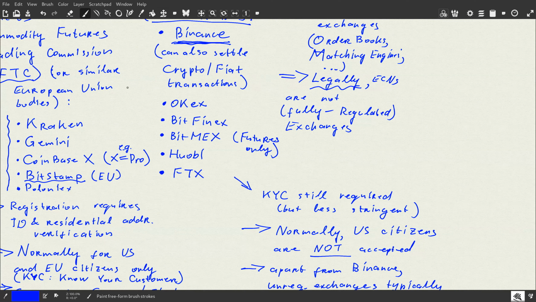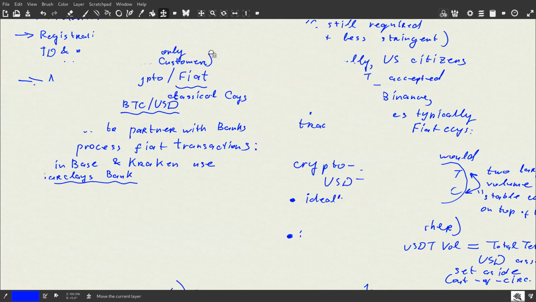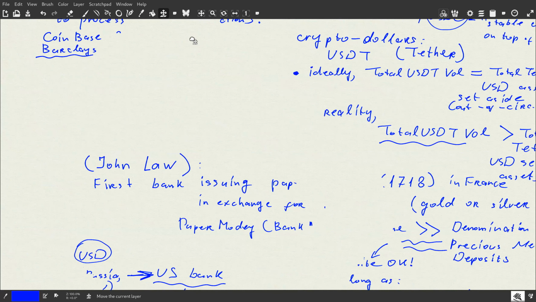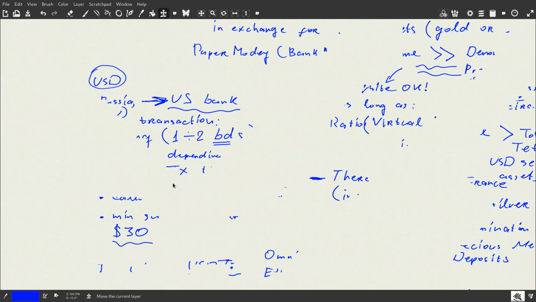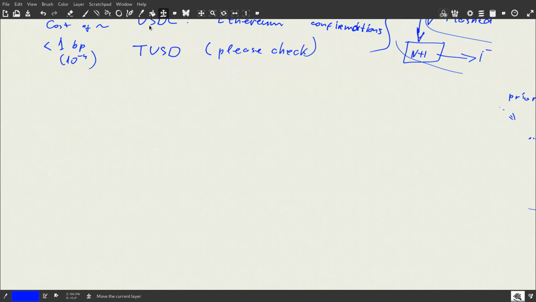Now, having considered all those exchanges, we must say that nevertheless, there is a very, very, very big drawback of all those centralized exchanges. However we like them, there is a very big problem with them.